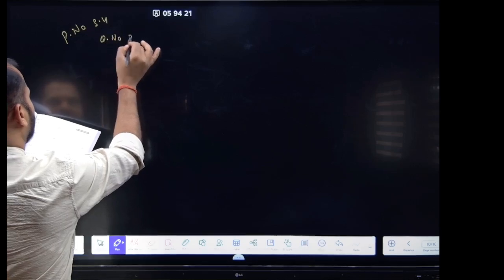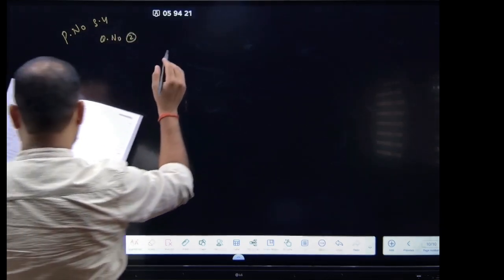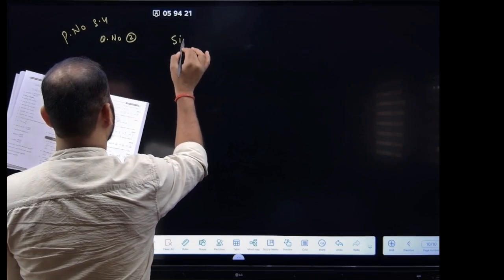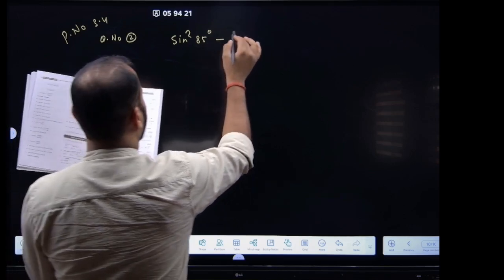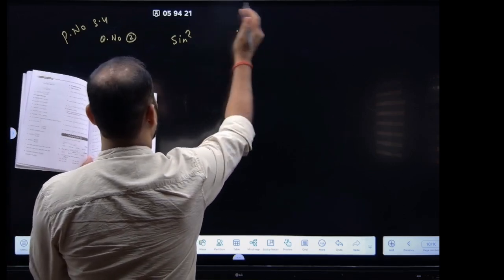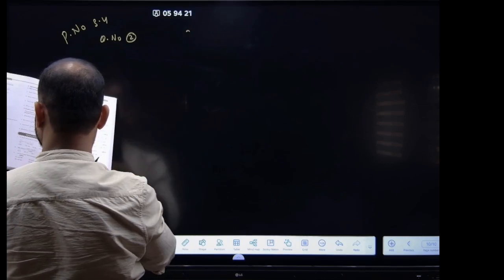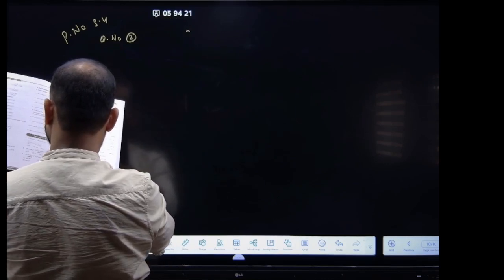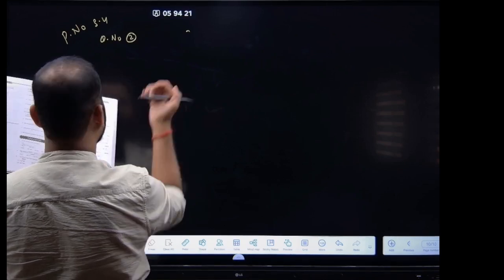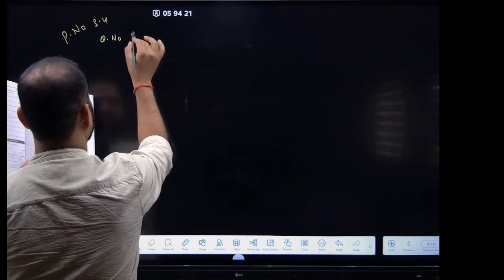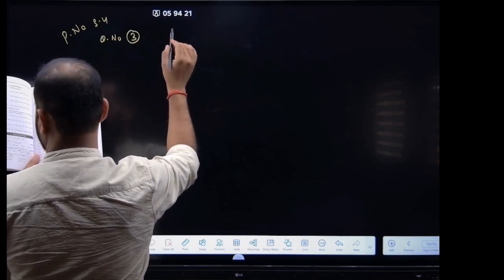Question number 2, I am solving here. The value of, here you have sin square 85 degree minus, not sin square, this we can't do as of now, let it be. Third one you solve. Third one we will try to solve.